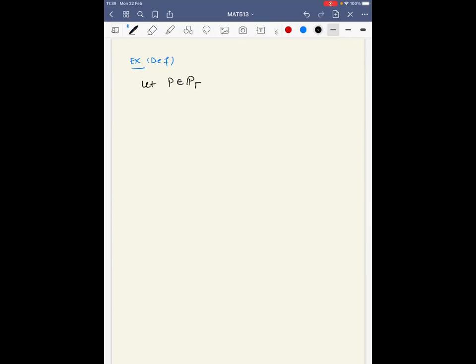In this example, we are given a place P of a function field F with its prime element t, and by theorem 10, we know that every non-zero function can be represented uniquely as t to the m times u. Here t is the prime element for P, m is an integer, and u is a unit in the corresponding valuation ring.